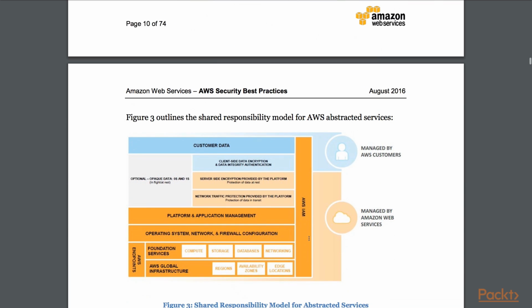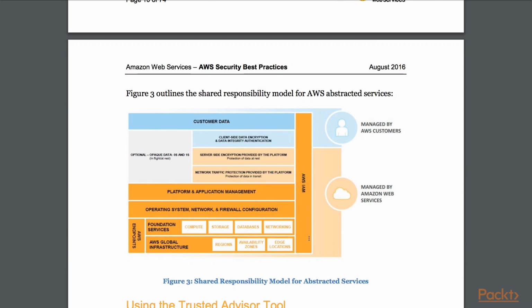And then we have abstracted services, and we can see that AWS is responsible for the endpoints, the foundation services, the global infrastructure, the operating system, network, and firewall configuration, as well as network traffic protection provided by the platform, that is protection of data in transit, and server-side encryption provided by the platform, protection of data at rest.